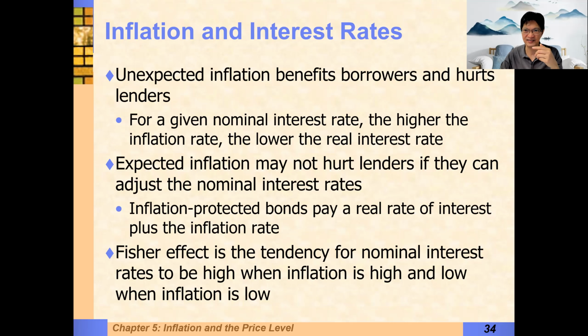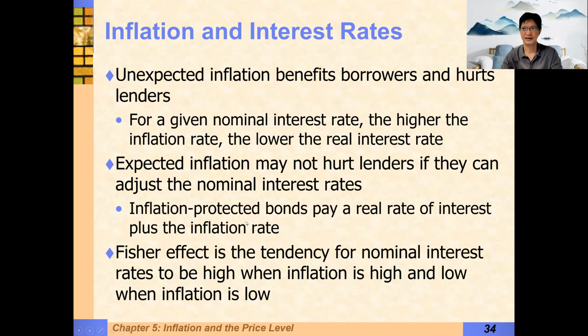I want at least 11% if I lend you money. And the borrower understands this, and they are willing to pay 11%. So the interest rate will adjust for any expected inflation. So when inflation is high, nominal rates are high. When inflation is low, nominal interest rates are low because people are adjusting nominal rates to adjust for inflation.